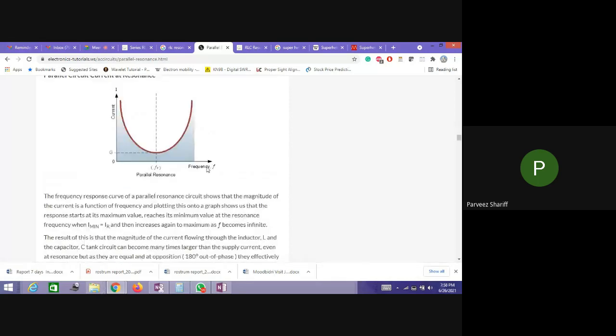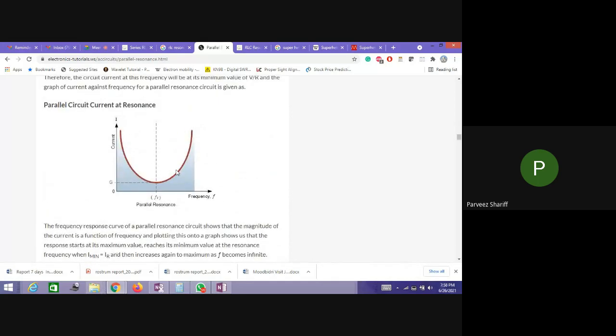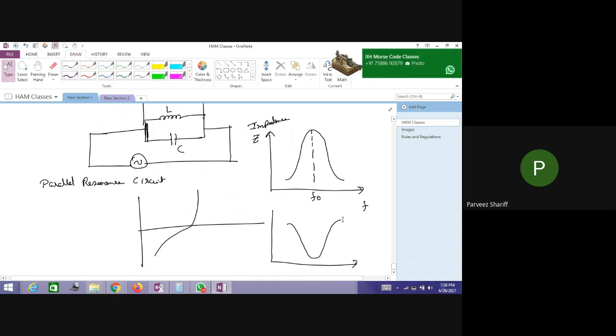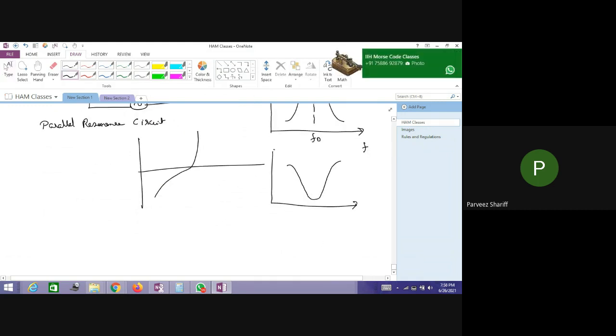Here the current is minimum in the parallel resonance circuit. So if you write with respect to this, we will get a graph like this. If this is the current chart, this is I, and this is F, and this is the resonance frequency F0.